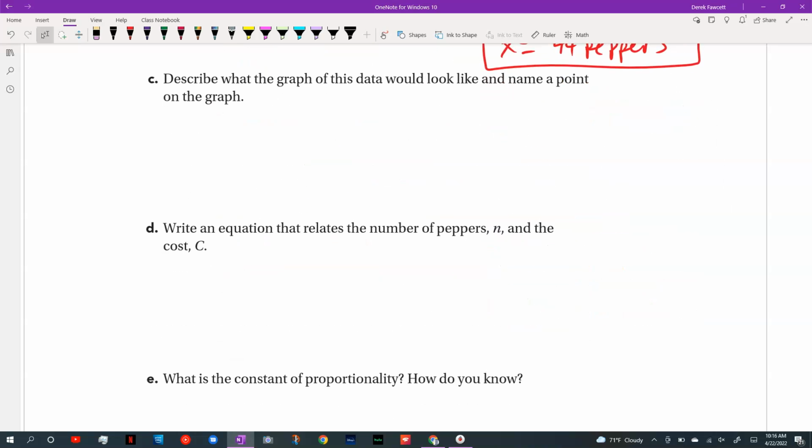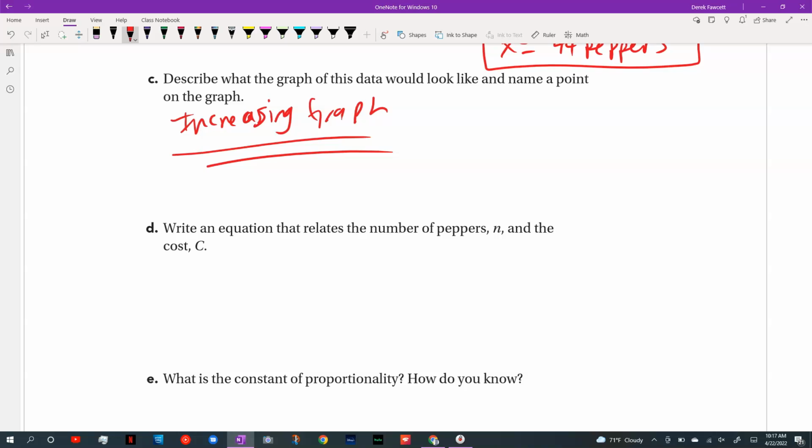So the data would be increasing. So the graph would be increasing. Okay? Meaning, you didn't have to draw it. If you said somehow that it's increasing, both the number of peppers and the costs are both increasing, or you could say the graph is going up. You could say that too.